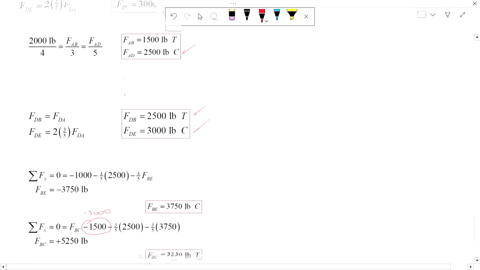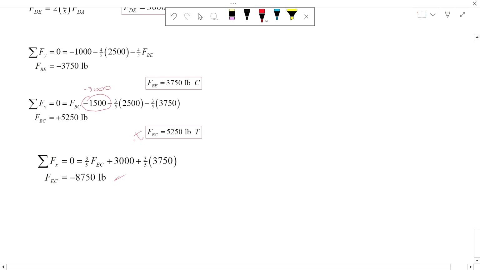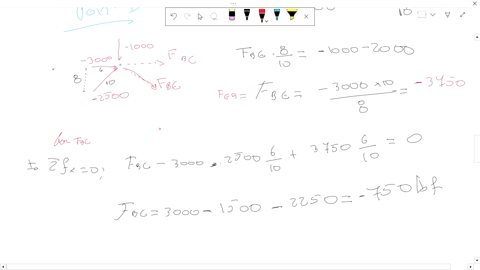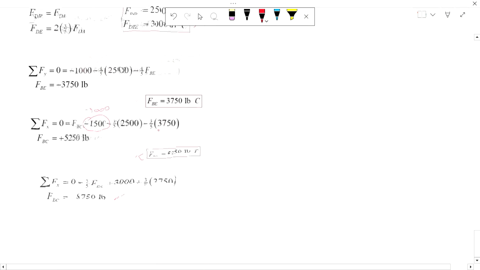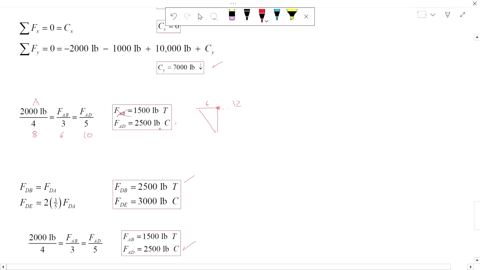That's correct. So in other words, they have B to C as 5250, and they have A to D as 1500, but that is not true. The whole triangle is 12, 8, and 10.